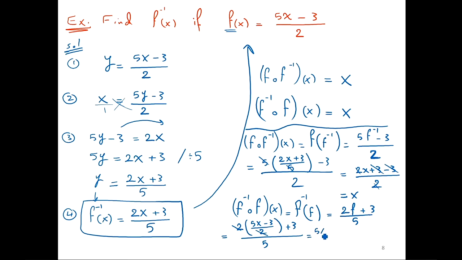So we have (5x minus 3 plus 3) over 5. Cancel negative 3 with positive 3, 5 with 5, so we have x. Okay, this is to check. Must we check this one and this one? We must check both f composite g and g composite f, or f composite f inverse and f inverse composite f.